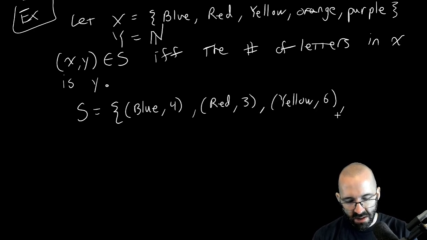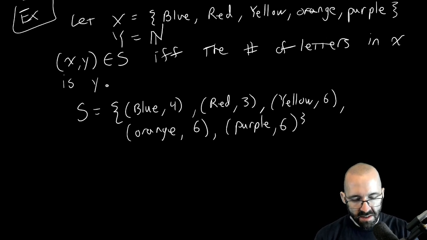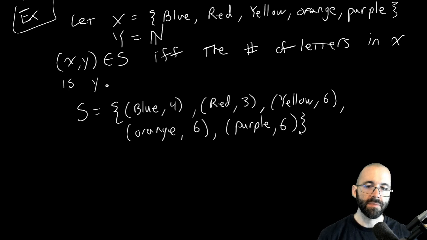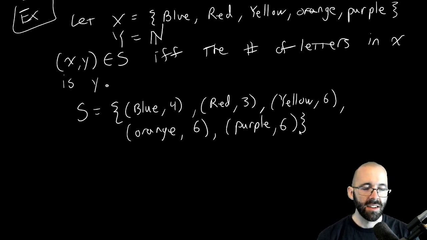That is 6. We have orange. That is 6. And we have purple, which has 6. Lots of 6s here. Interesting. All right. So that's our relation. And it's okay that they all have 6s. We'll talk more about that when we get to bijections.